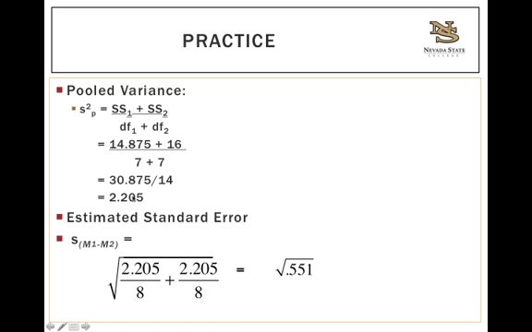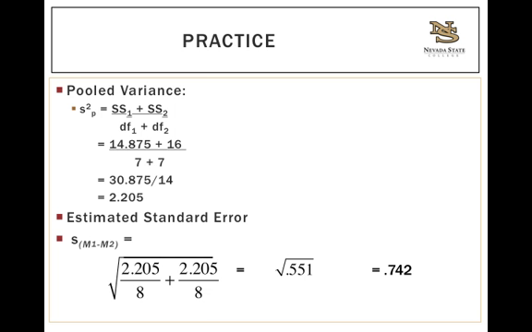We just plug that in here. And then our n for each group on the bottom, and then we're going to take the square root of that whole thing. If you add that all up, it ends up being the square root of 0.551. You can go ahead and double check if you haven't done the math yet. That gives us an estimated standard error of 0.742. Whew.